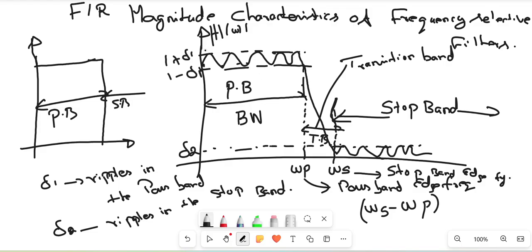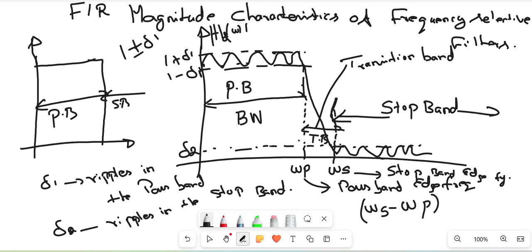So, the ripple is denoted by del 1, and the magnitude Hd of omega, the desired frequency response, varies between the limits 1 plus or minus del 1, that is 1 plus del 1 and 1 minus del 1, the ripples in the pass band.